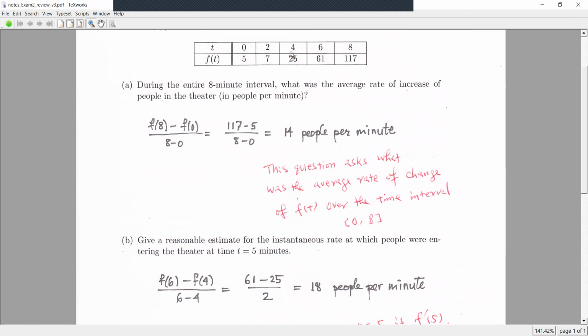Function value at 4 is 25. Then I have this equation. By calculator, this number is 18. So I estimate the instantaneous rate at time 5 is 18 people per minute.